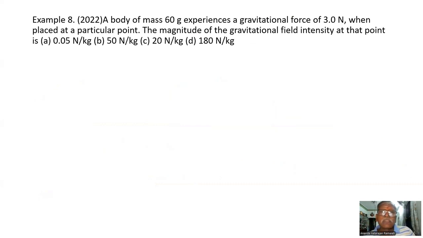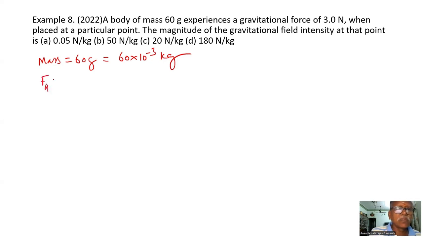A body of mass 60 gram, that is 60 into 10 power minus 3 kg, experiences a gravitational force of 3 Newton when placed at a particular point. The magnitude of gravitational field intensity at that point is?